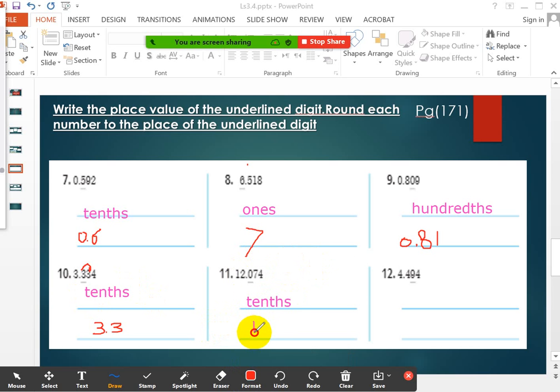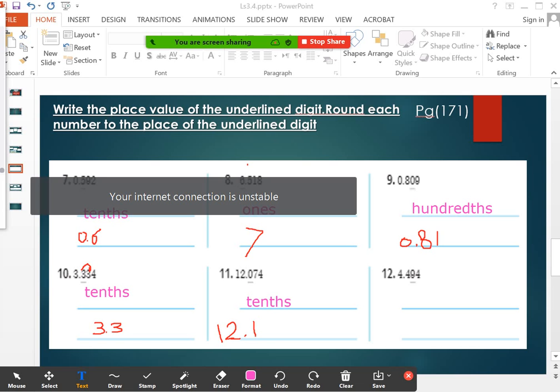You have to add 1. Yes, it will be 1, right? And the digit before it will be 0. 12.1. 1 what? 1 tens, okay? Thank you, Mahnur. Let's continue now.